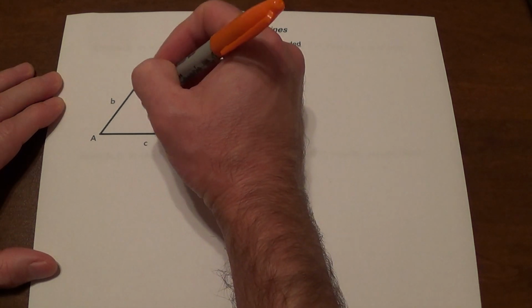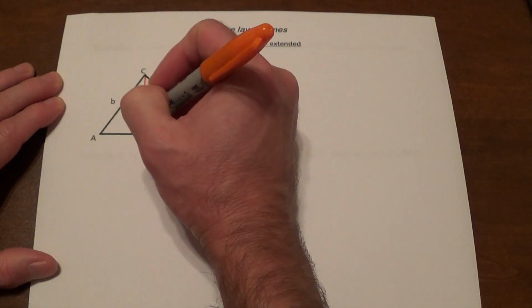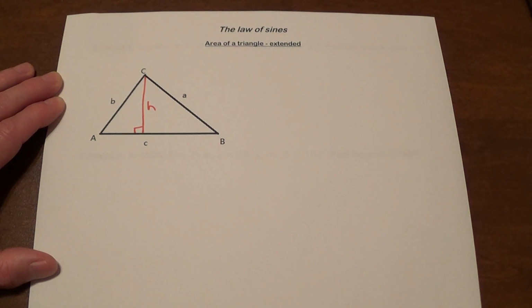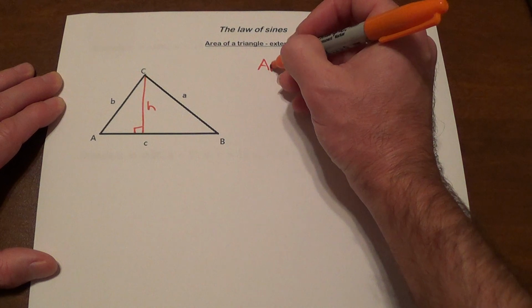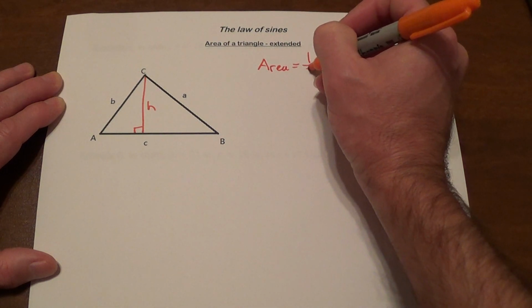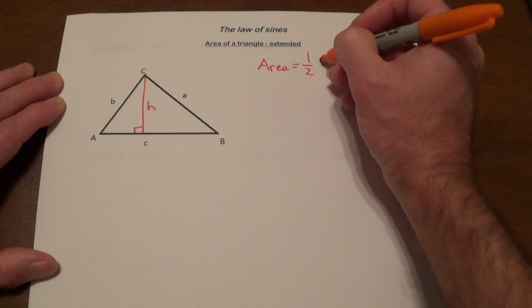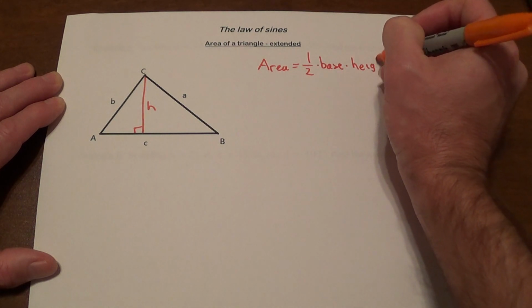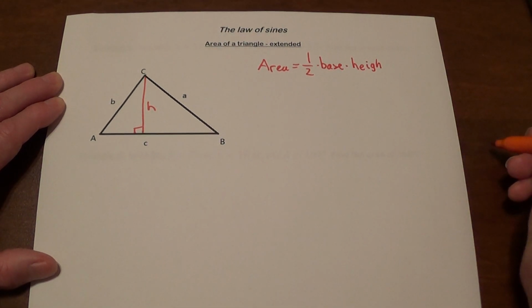If I draw the height, how do we normally find the area of a triangle? We do 1/2 the base times height, right? The area of a triangle is going to be 1/2 base times height. But how can we find the height here?